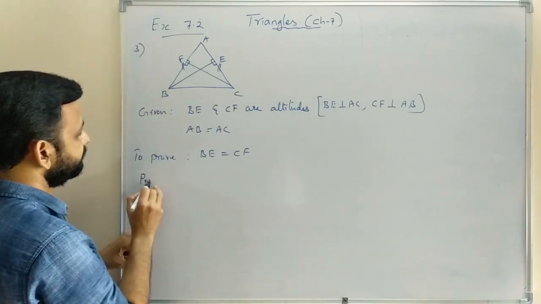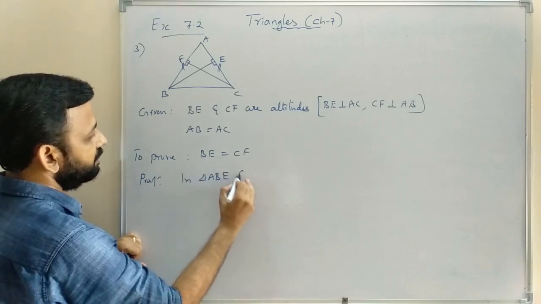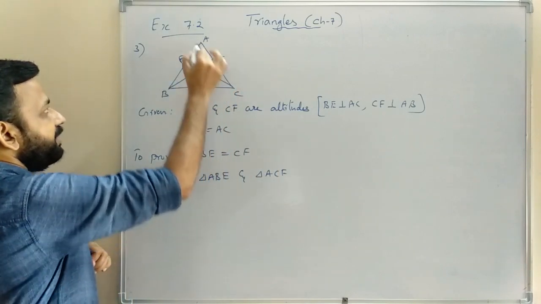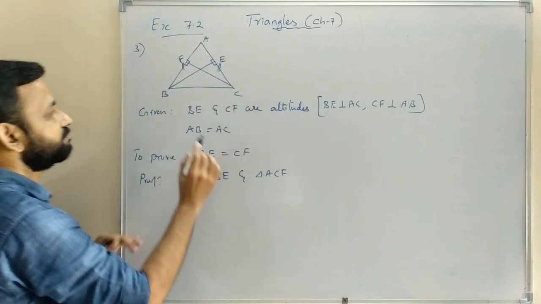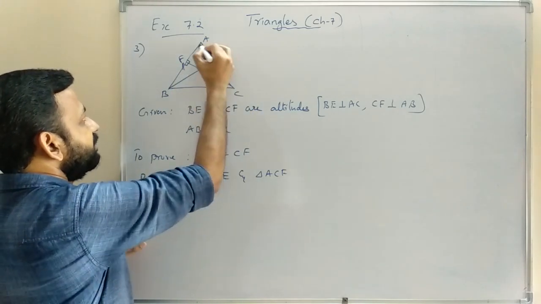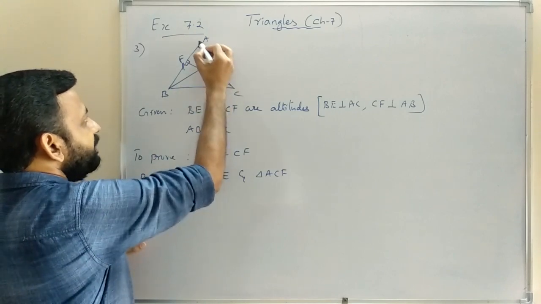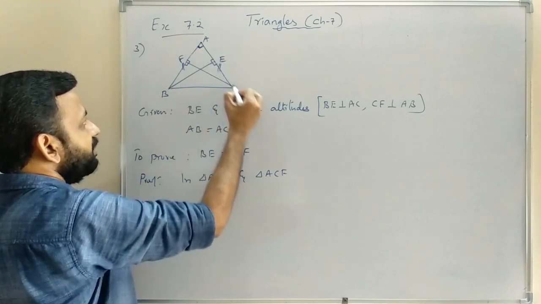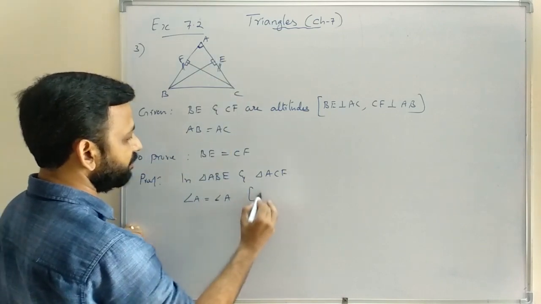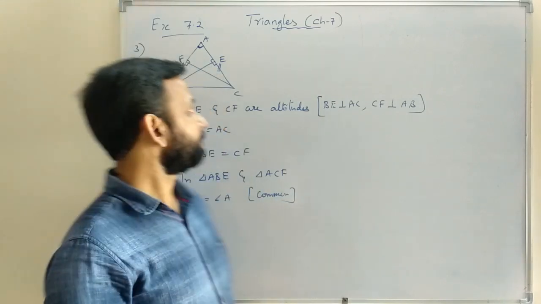Proof: in triangle ABE and triangle ACF, angle A of triangle ABE equal to angle A of triangle ACF. So angle A equal to angle A, reason common.